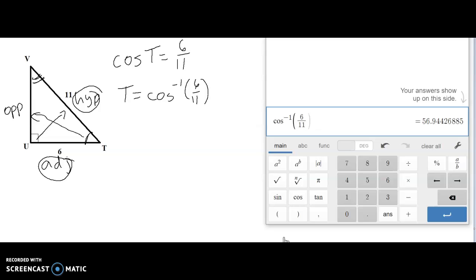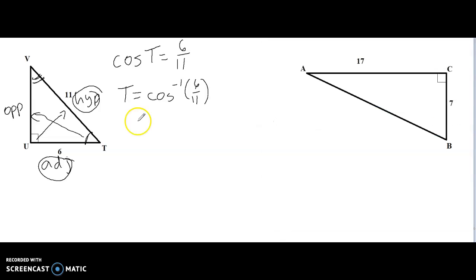Now you see that I'm in degrees here. If I were to click on this, it changes it to radians. But remember, we want to keep it in degrees. So now I have this angle. It says 56.94. That is my angle. So I'd say that T is equal to about 56.9 degrees.